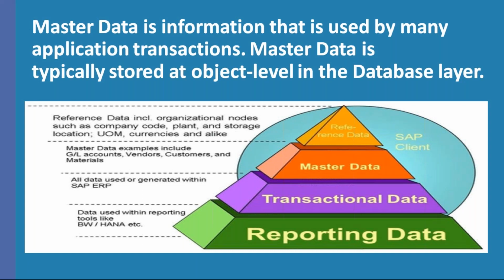Master data is like customer, vendor, company, GL account, material. Then transactional data: those data which are used or generated within the ERP system are transactional data. And then we have reporting data for reporting purposes.